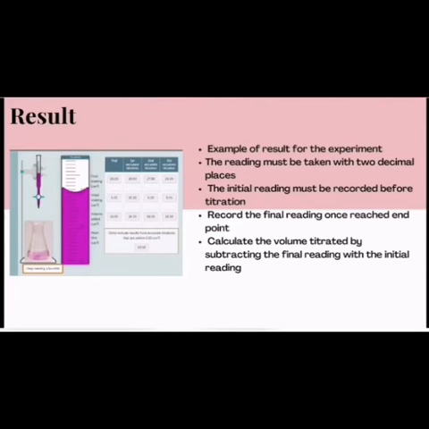Next, for the results, the reading must be taken to 2 decimal places. The initial reading must be recorded before the titration. Record the final reading once the end point is reached. Calculate the volume titrated by subtracting the initial reading from the final reading.